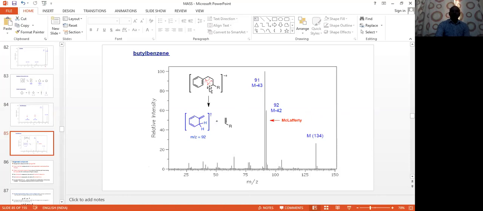The gamma hydrogen will be there, and there is a removal of the olefin, as in McLafferty rearrangement, where we know that a cation plus a neutral olefin is removed. So this is how you account for the peak because of the McLafferty rearrangement.